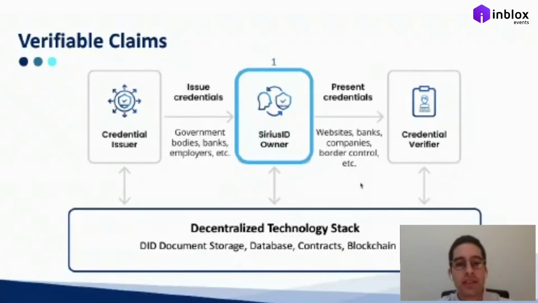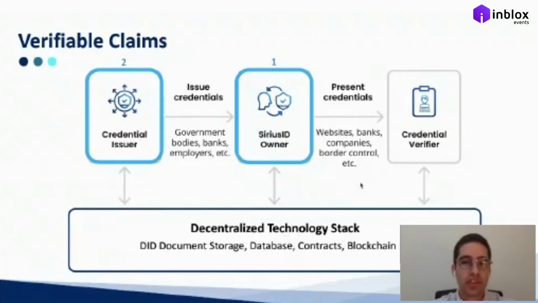First, you generate a self-sovereign identity using a personal digital wallet, which acts as a window to the blockchain. A credential issuer, such as a government or a bank, performs due diligence checks and then tags a credential to your digital identity.